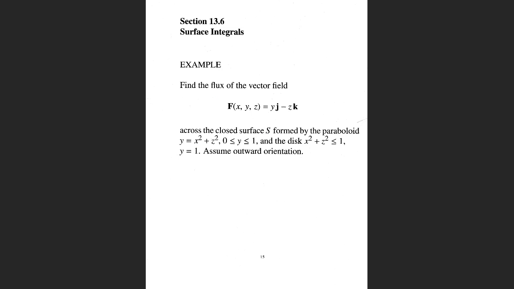Does the bowl open up and down or sideways? Based on this equation, y equals x squared plus z squared. Good, it opens sideways. That's right, Ian. What axis does it open along? The positive x-axis or the positive y-axis?